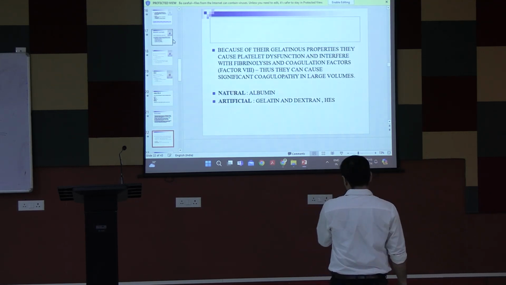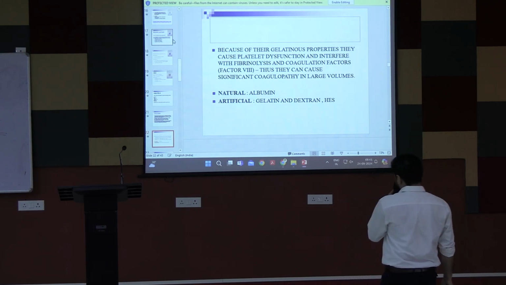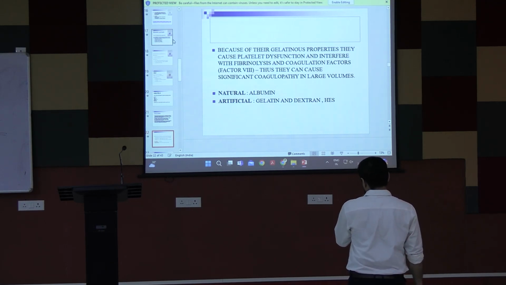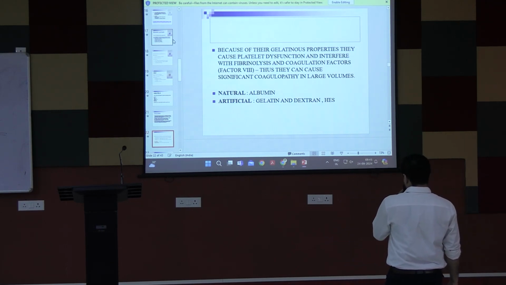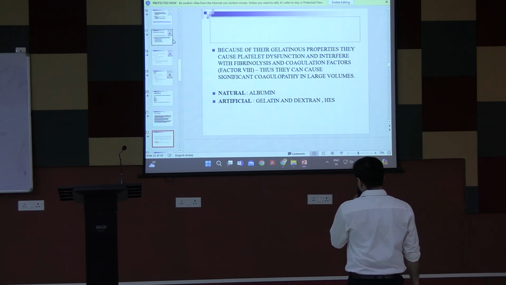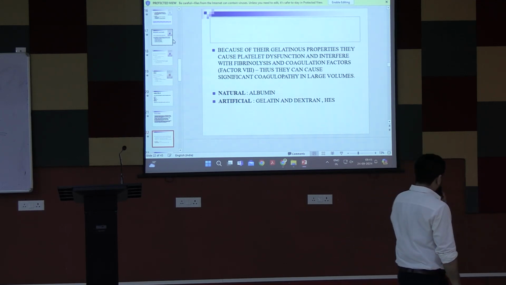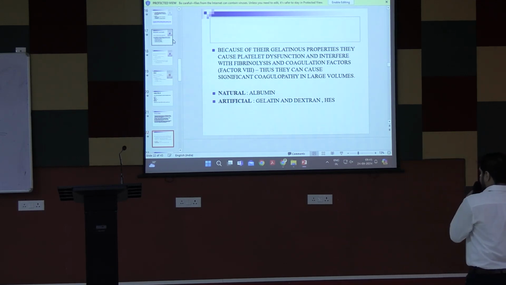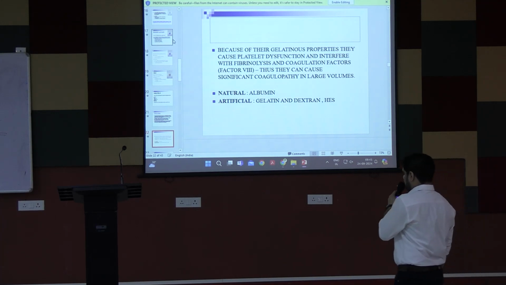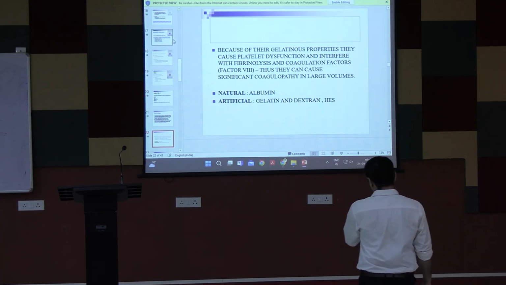Because of their gelatinous property, they cause platelet dysfunction and interfere with fibrinolysis and coagulation factor VIII. Thus, they can cause significant coagulopathy if given in large volume. Types: natural albumin, artificial gelatin, dextran, hetastarch.